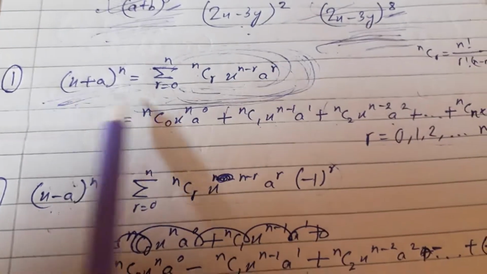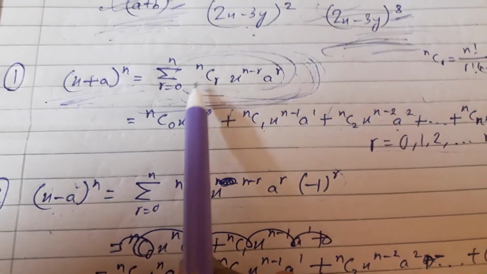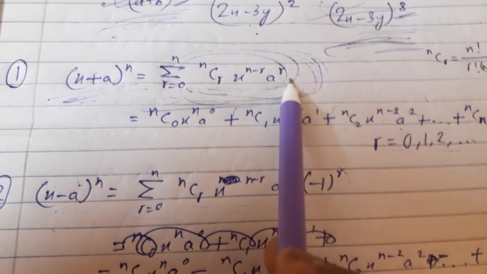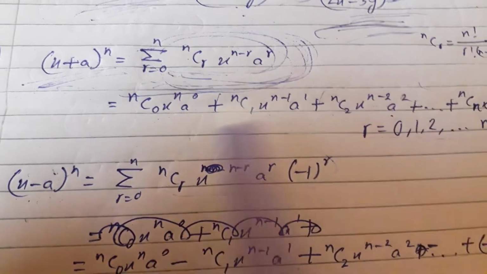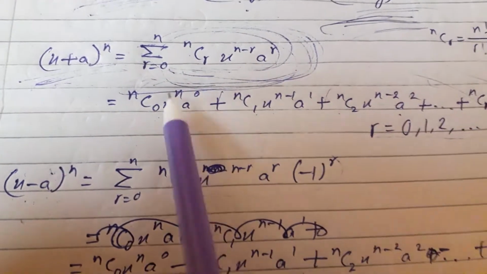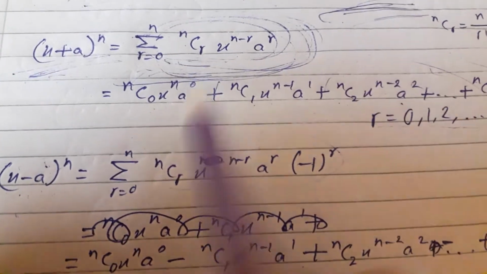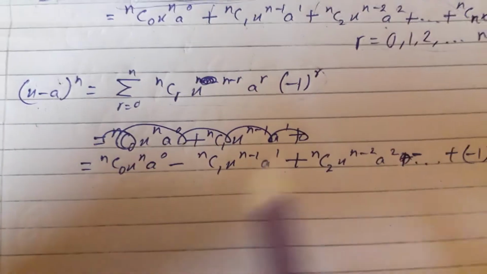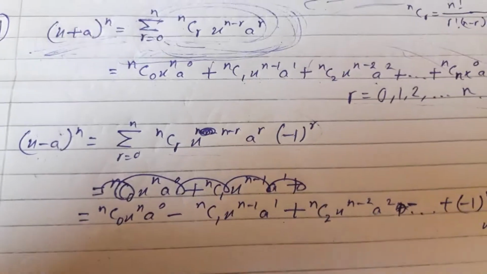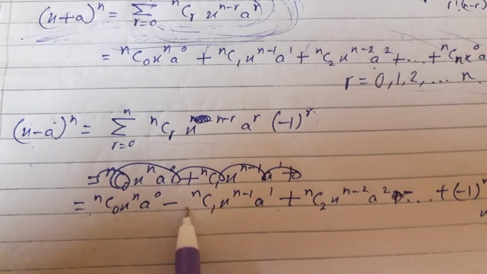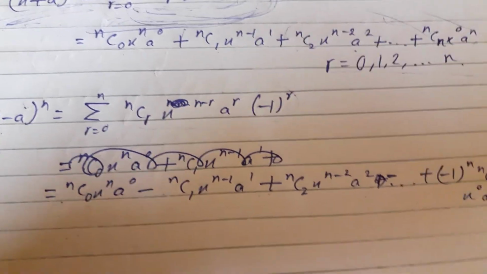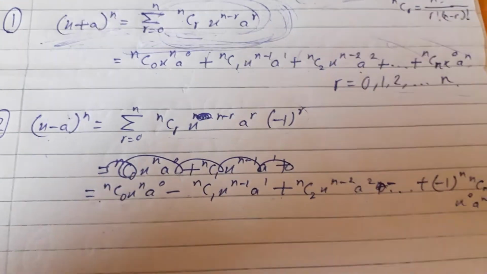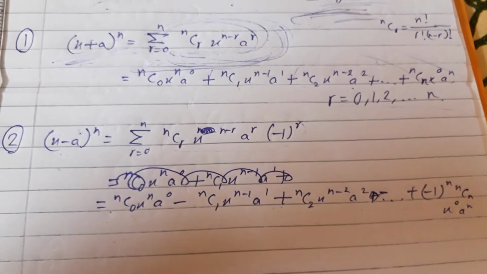See, (x + a)^n means summation nCr x^(n-r) a^r with r equals 0, 1, 2, 3, 4, up to n. Here you have to write in additive form and sum all the terms. Here only the sign is alternating: positive, negative, positive, negative, and this will continue. So in this way you have to learn these two formulas.